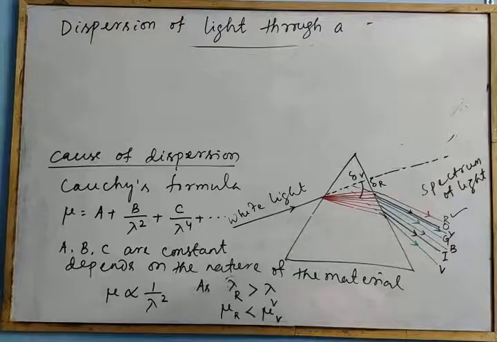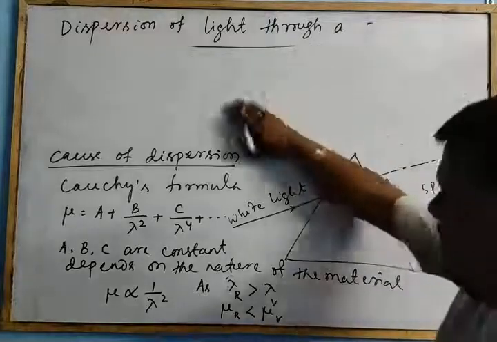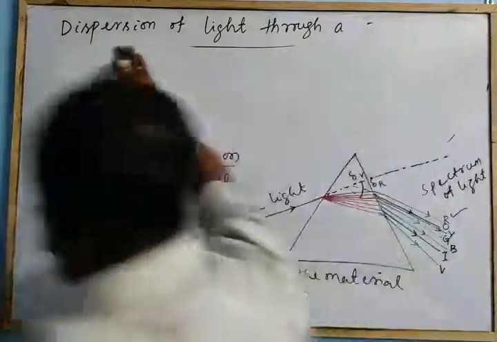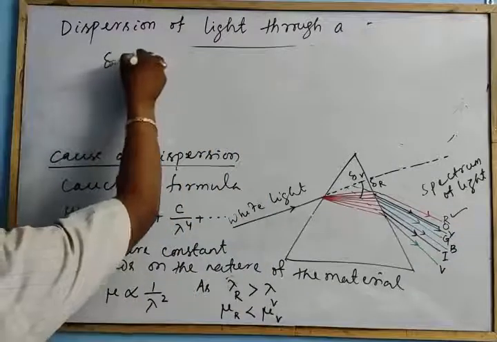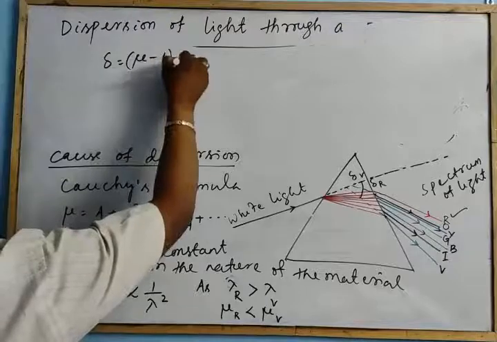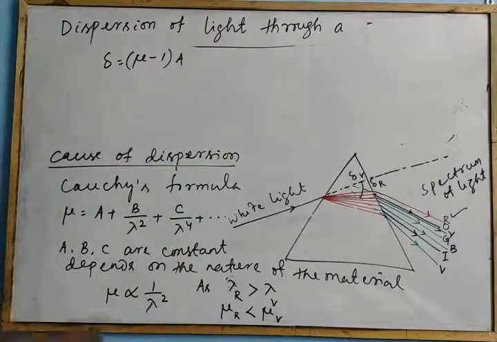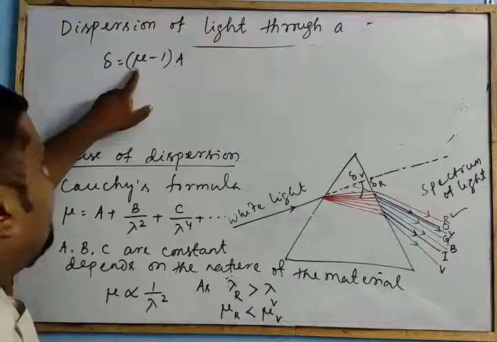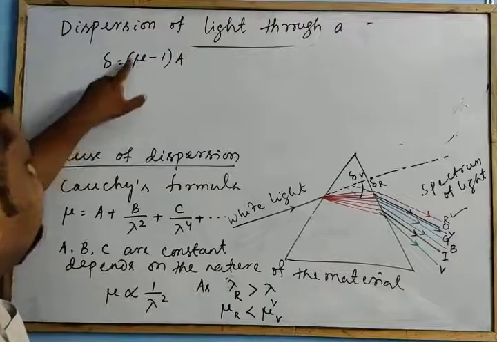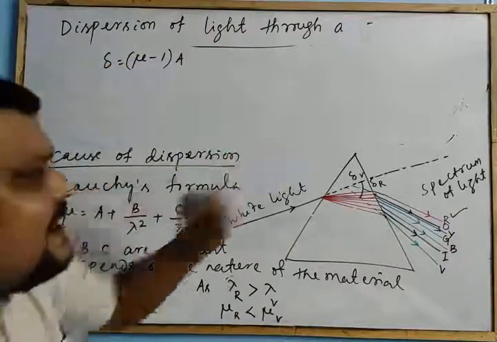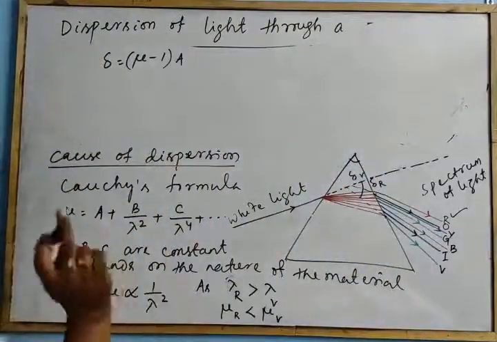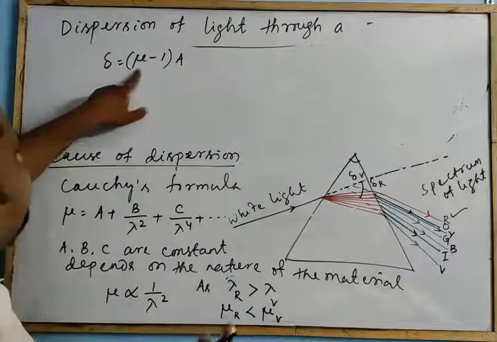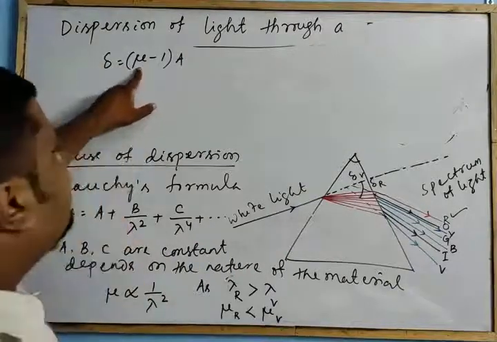Now, if you recall the expression for the angle of deviation, the formula is delta equals mu minus 1 into A for a small angle prism. The angle of deviation delta depends on the refractive index and the angle of the prism, which is obviously a constant. So delta increases with mu.